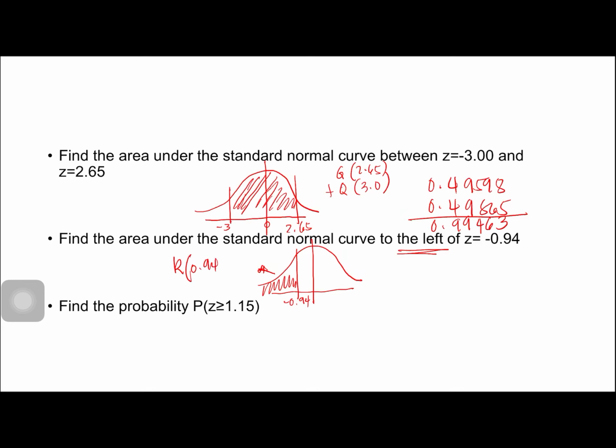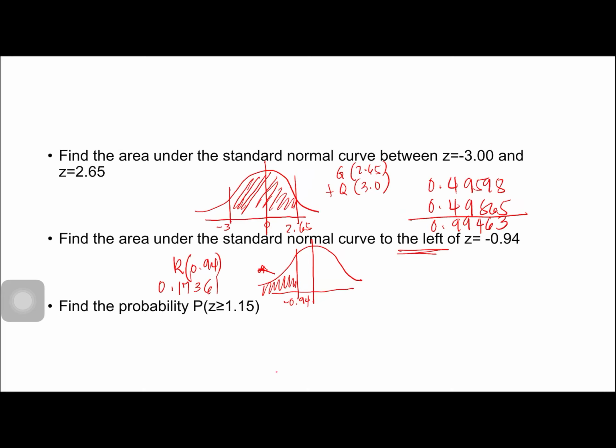And this is what? R. Okay, that's R of 0.94. So that gives us, okay, 0.17361. Okay? What about the next one?